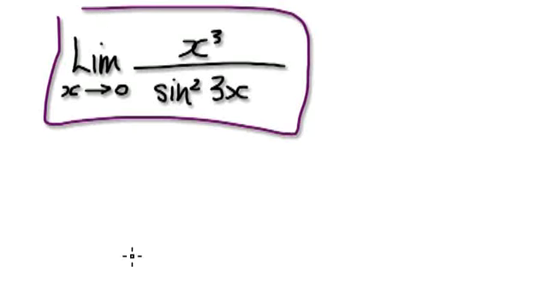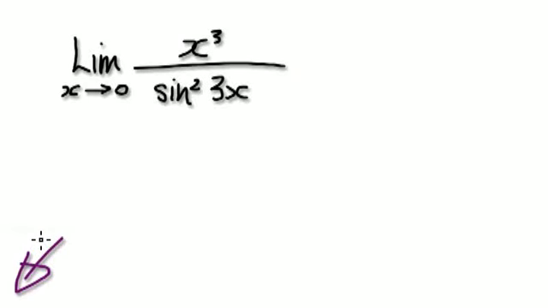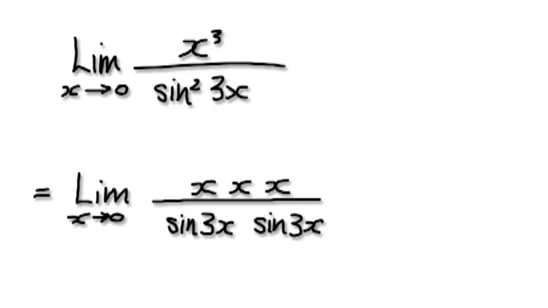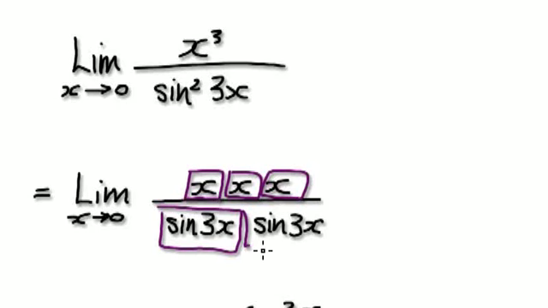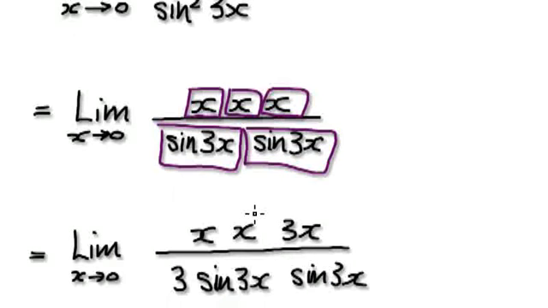Find the limit of this here. So press pause and have a go. Okay, so to do this, visualize this thing here as an x times an x times an x, and then down here visualize it as this block multiplying with this block, because that's what you've got at the moment.